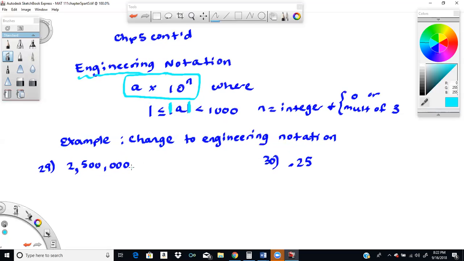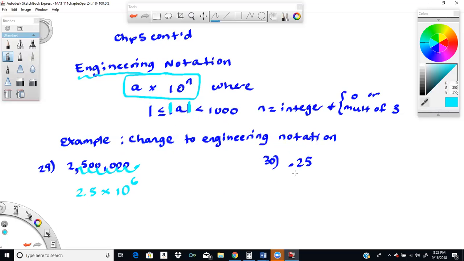If we move it 1, 2, 3, 4, can we stop at 4? 5, can I stop at 5? Nope, because 5 is not a multiple of 3. 6, so I have to go all the way here. So it's 2.5 times 10 to the 6th power. You couldn't stop at 4 or 5; you had to go to 6.